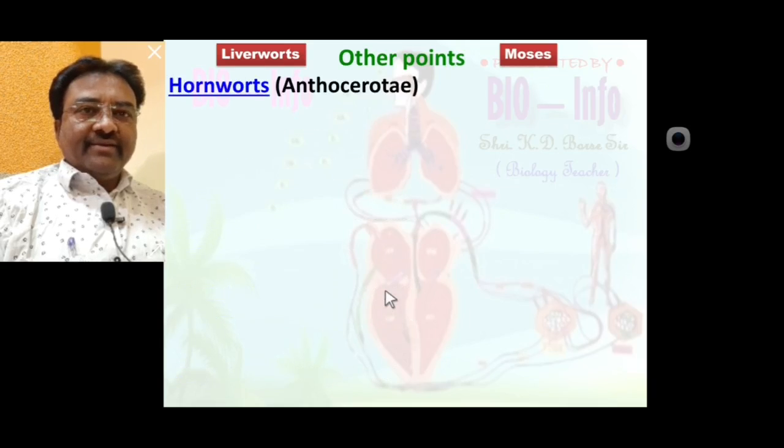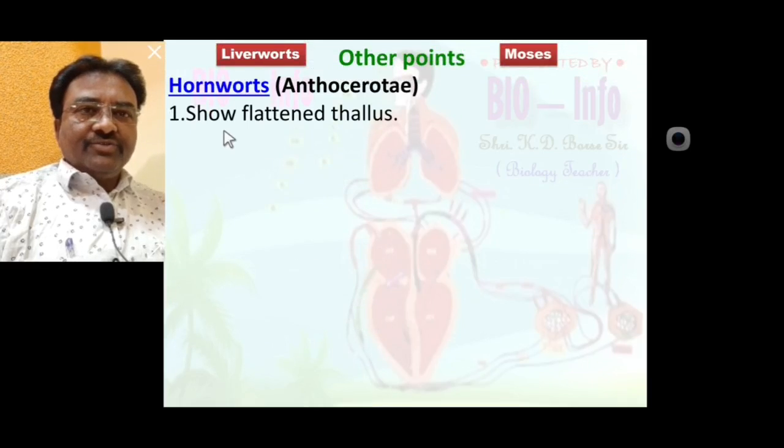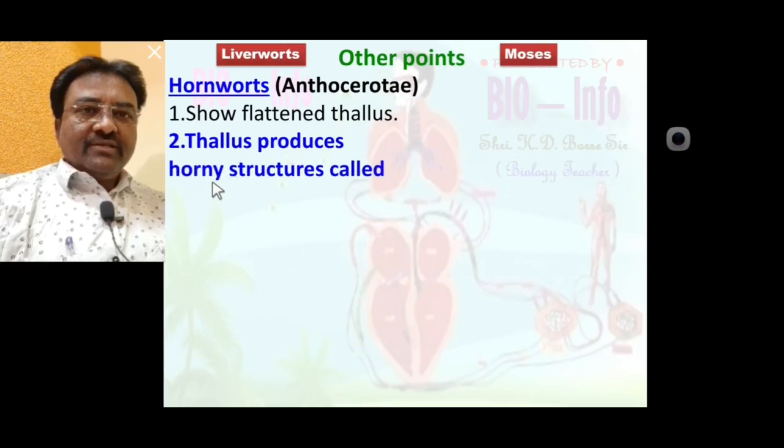Number 1, here noted hornwort. Anthoceros is one of the groups seen in the liverwort category. Such liverworts show a flattened thallus, no doubt, but the thallus produces a horny structure, the sporophyte.